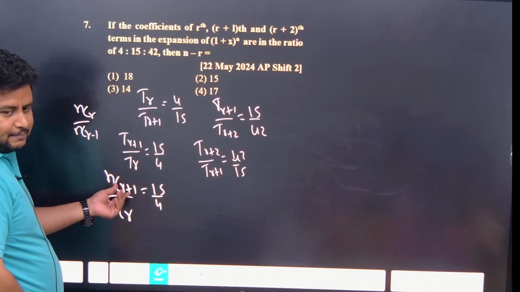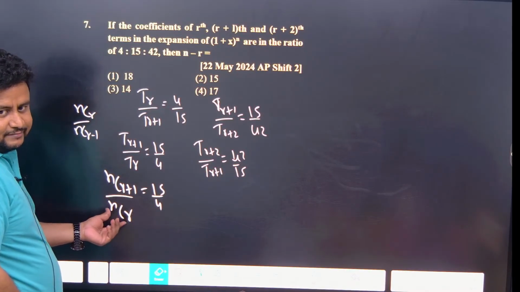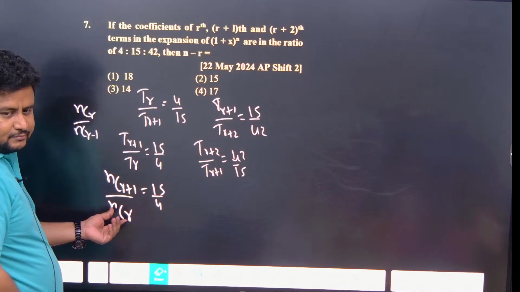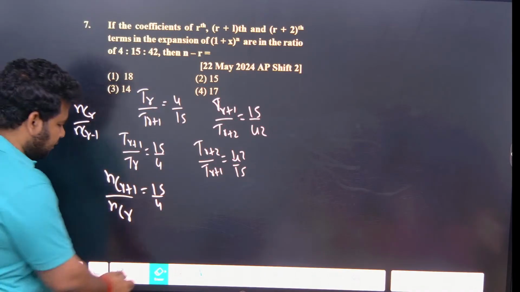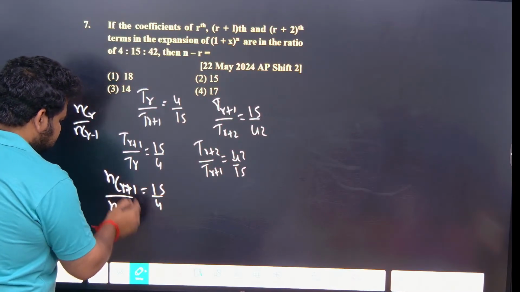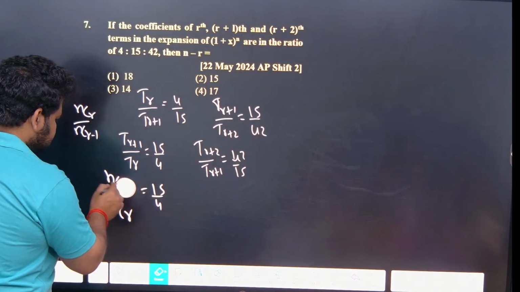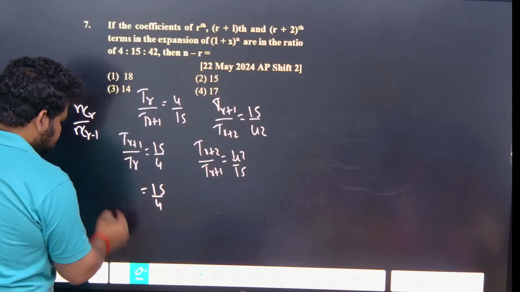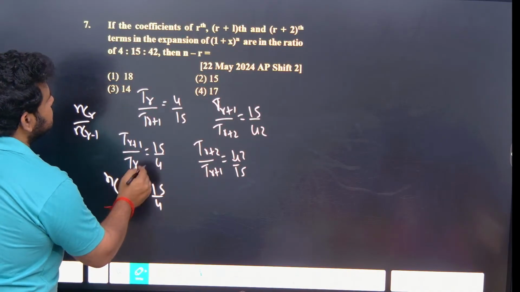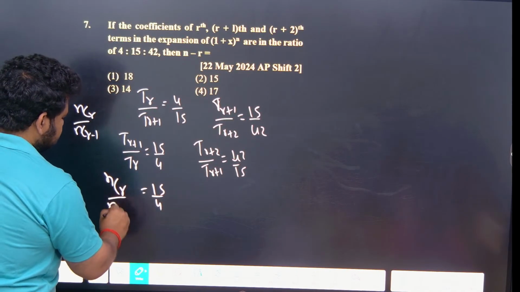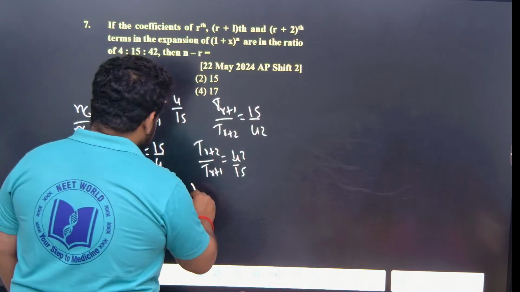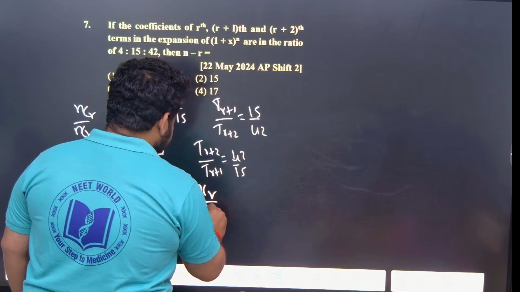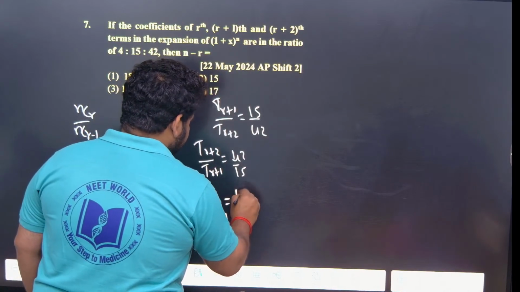Here r plus 1 and r minus 1 is r. That is what I have written. I have taken r plus 1 as r plus 1. If you want, we can write that way also. Here also NCr by NCr minus 1 is equal to 42 by 15.